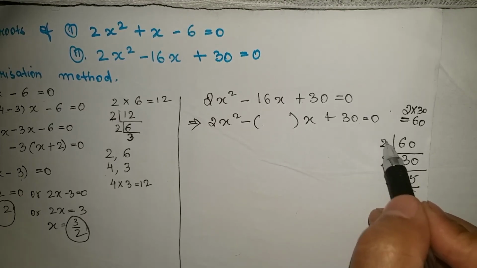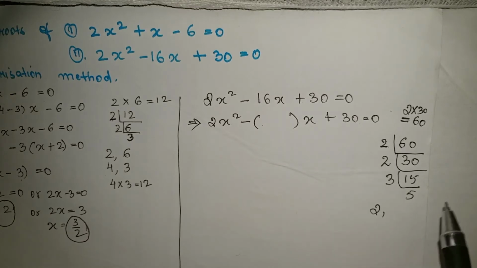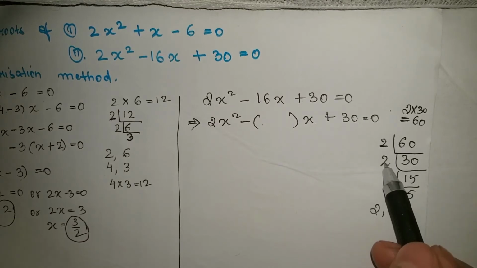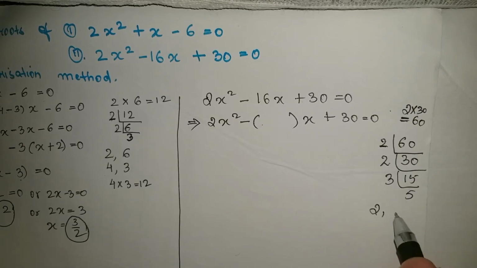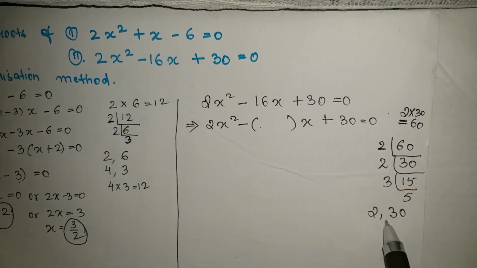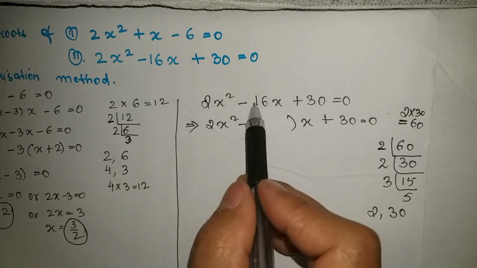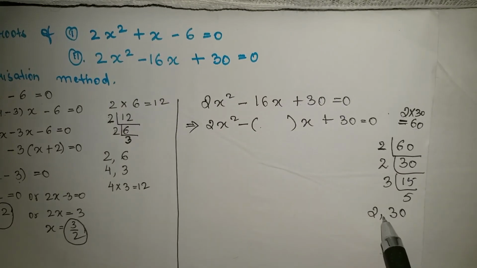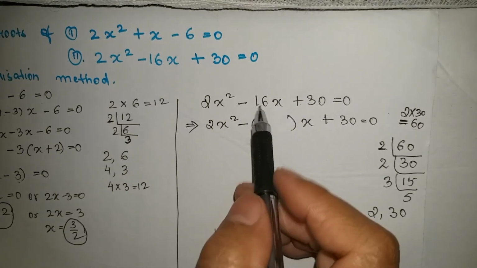Let me take the first number as 2. And what will be my second number? 2 into 3, which is 6. 6 into 5, which is 30. Obviously, 2 into 30 is 60. But if I add two numbers, 2 plus 30, it gives me 32, which is not 16. And if I subtract 30 minus 2, it will be 28, which is not 16.